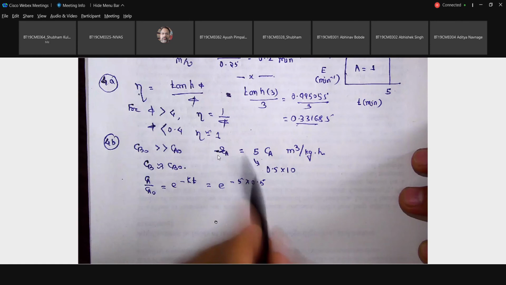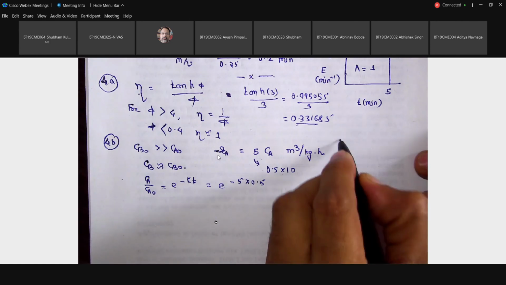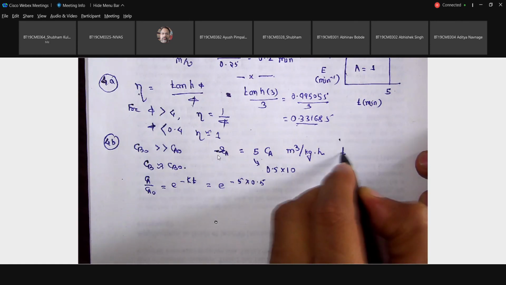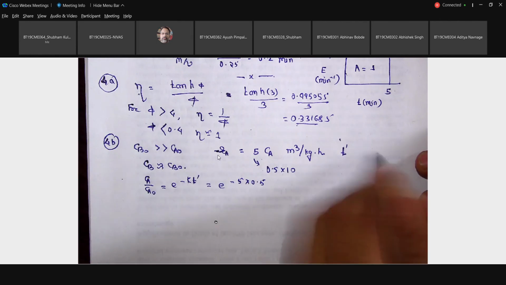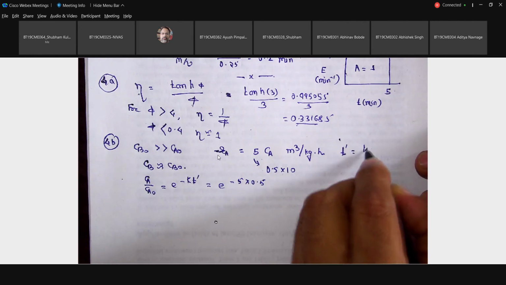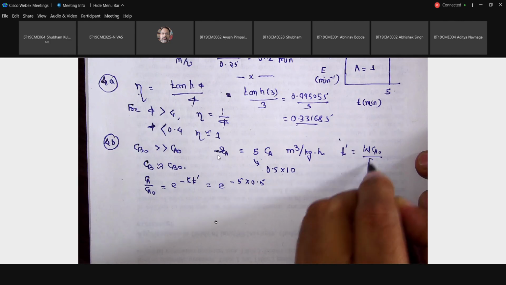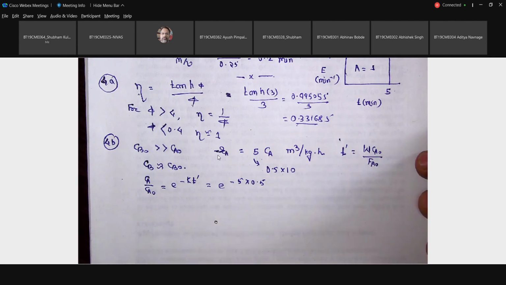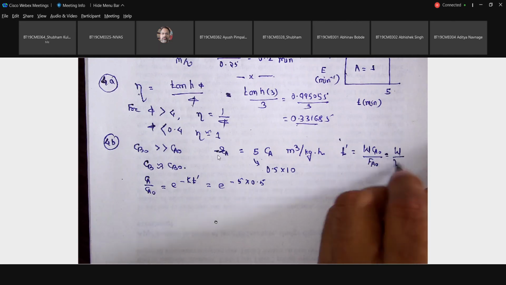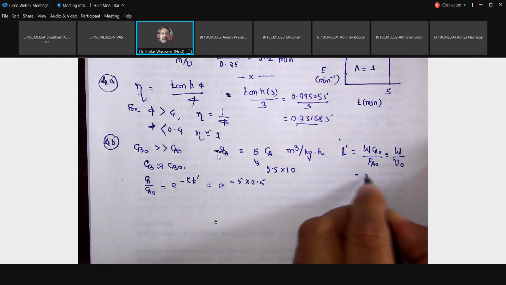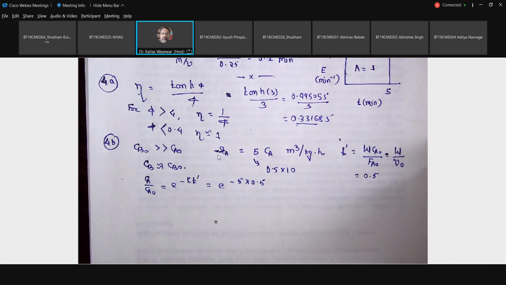How can you get this T value? T is equal to W CA0 by FA0. FA0 upon CA0 is volumetric flow rate again. So this is coming to be 0.5 with respective units.